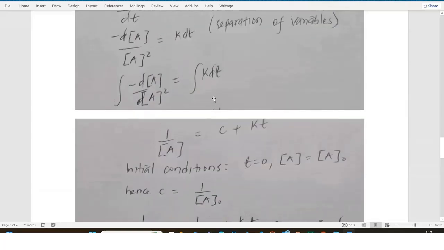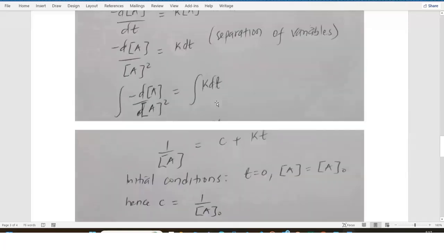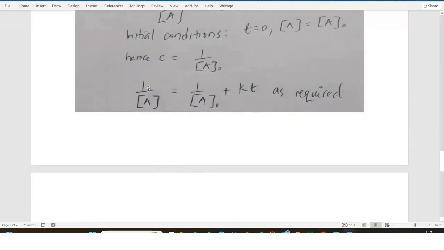If I bring it back to this equation here, the concentration is the instantaneous concentration at any one point, at any time t. We are saying that the equation is going to be 1 over the concentration of A equal to 1 over the concentration of A at t equals 0, plus kt.